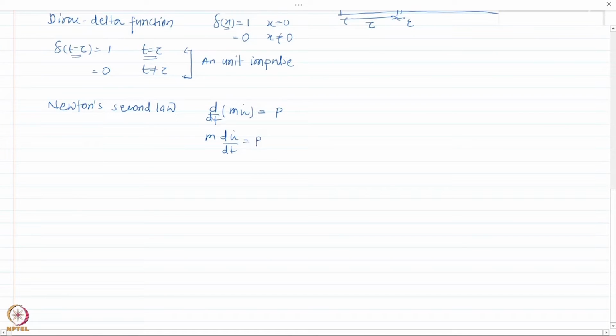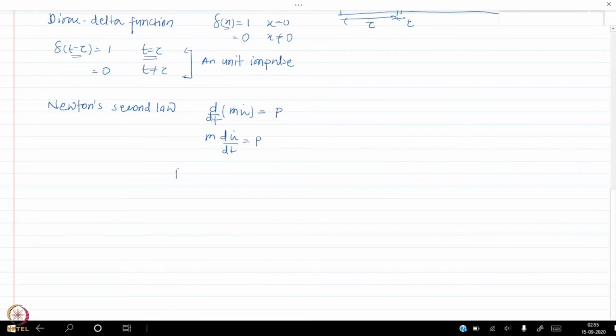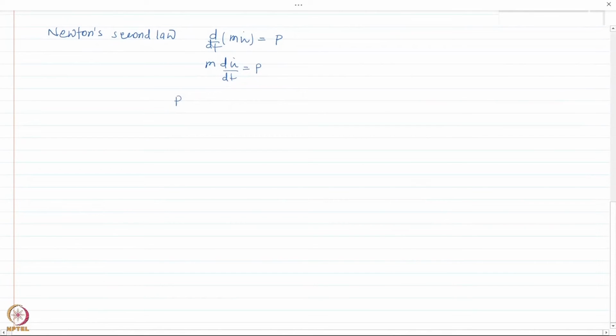Now we can go ahead and integrate both sides of the equation. We can write this as the integral of p dt over time t1 to t2. Let us say it goes from state 1 to state 2, then I can write this as m du dot, from state 1 to state 2, where it went from velocity u1 dot to u2 dot.